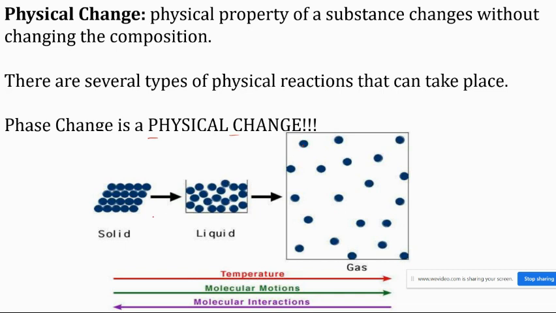If you're talking about water, it's still H2O. As temperature increases, your molecular motion will increase. As temperature decreases, your molecular interactions, also known as IMFs, will increase. That make sense?